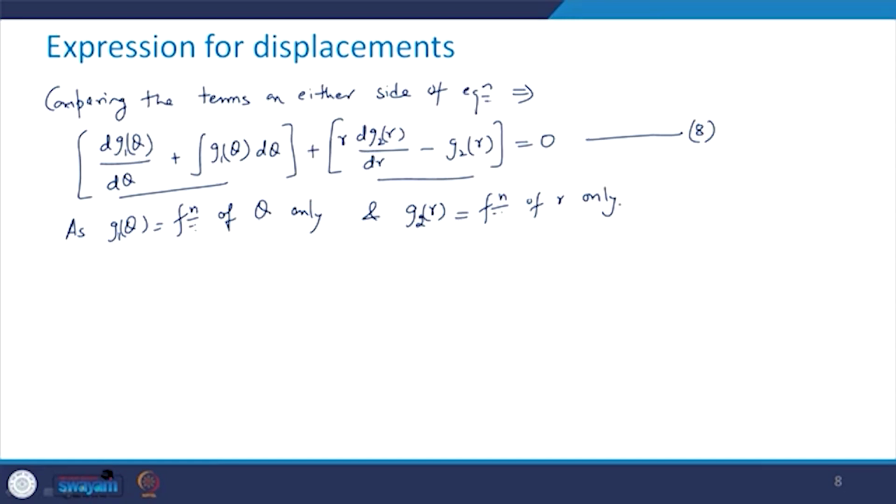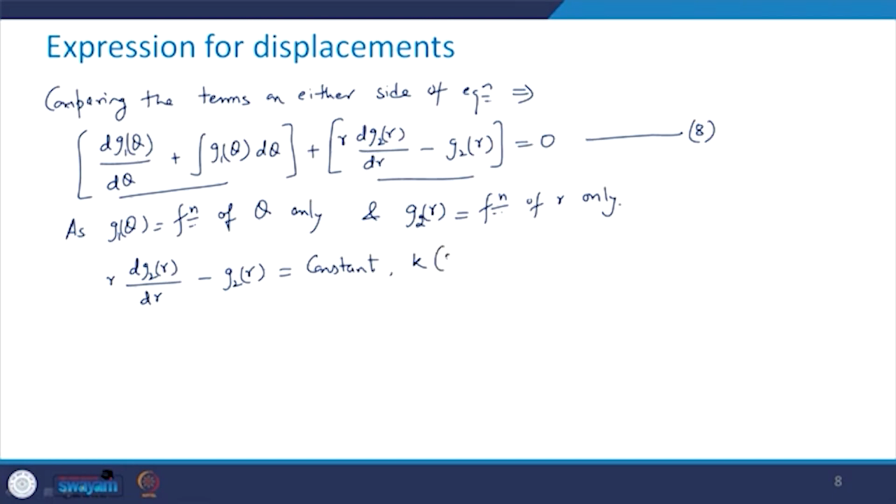So, that is r dg2r dr minus g2r, that is going to be a constant.